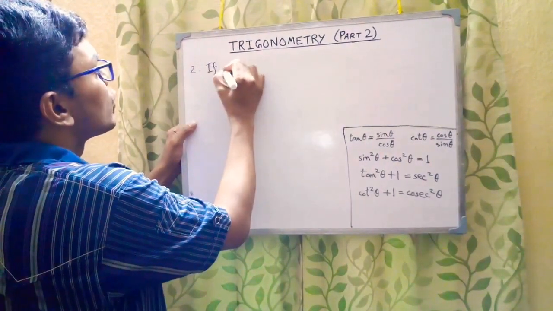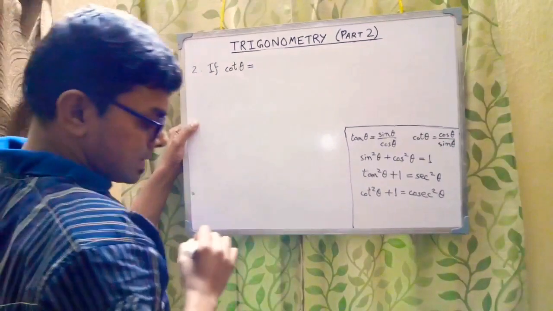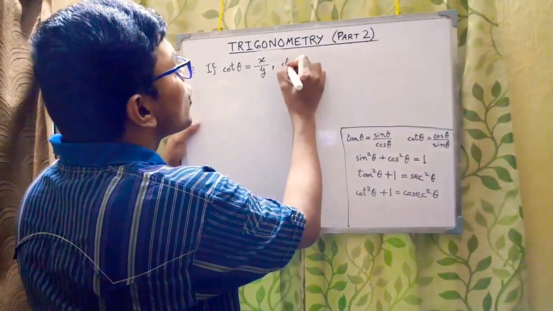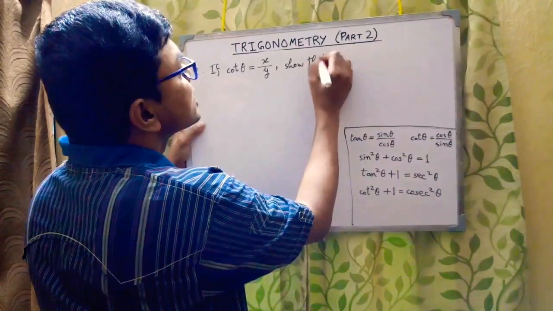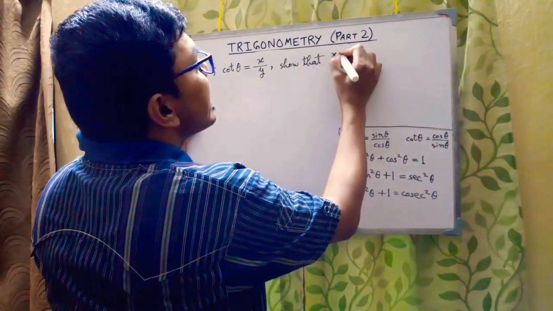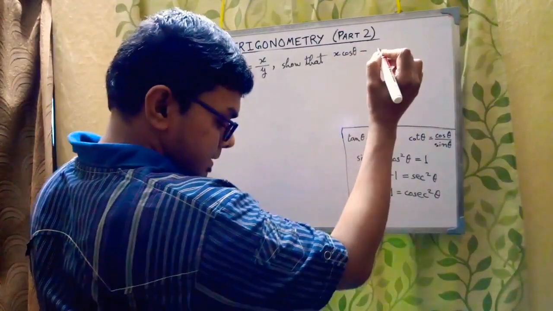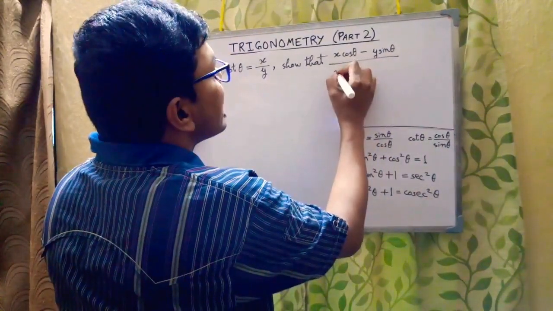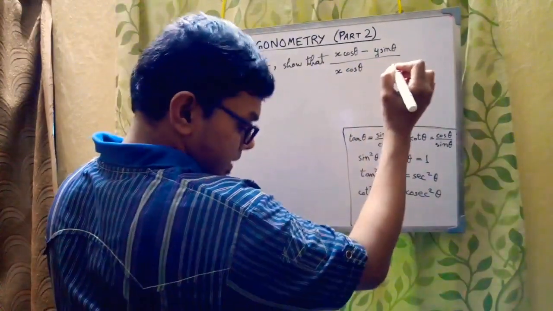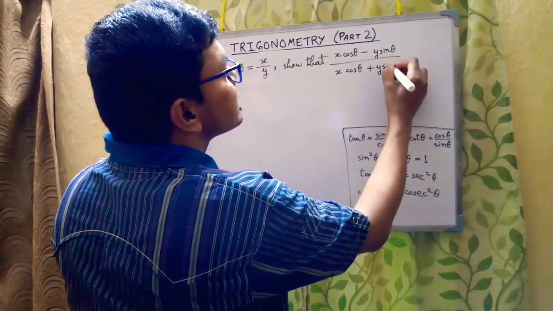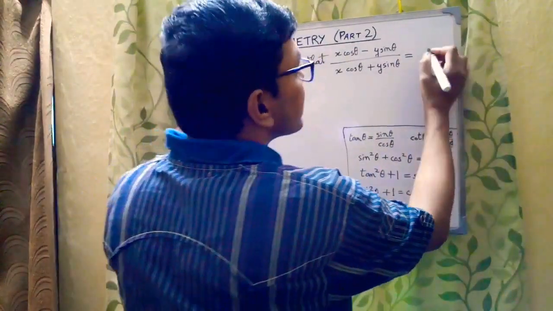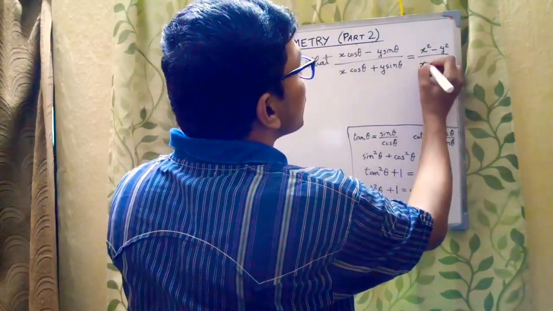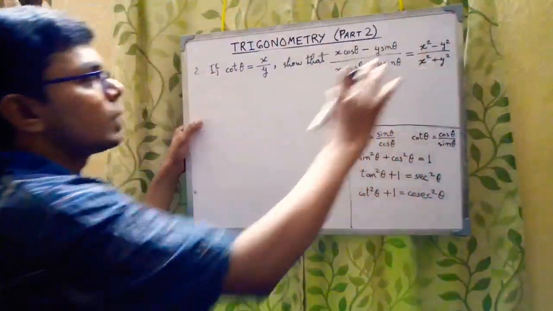If cot theta equals x by y, show that x cos theta minus y sin theta by x cos theta plus y sin theta equals x squared minus y squared by x squared plus y squared. This is what we have to do.